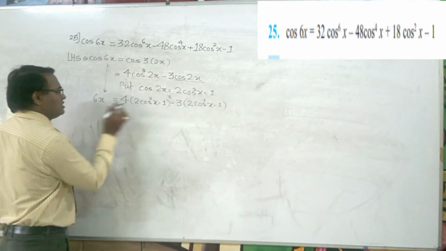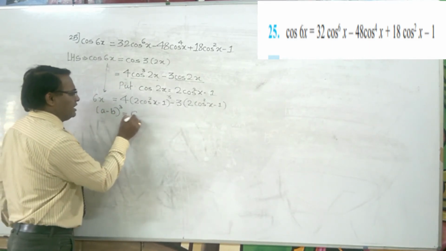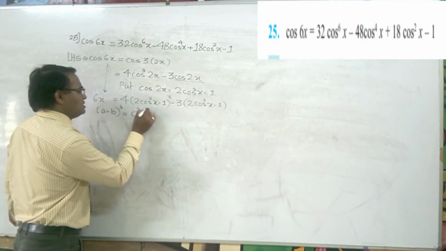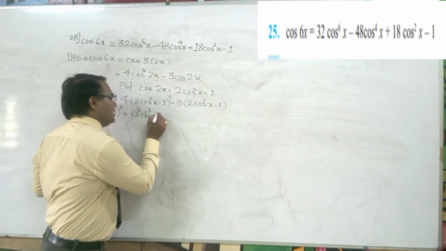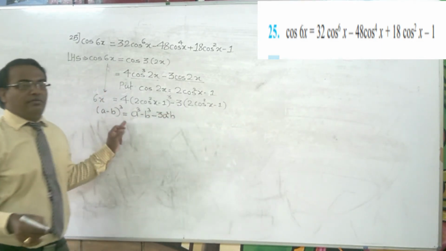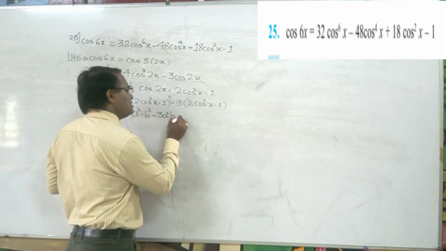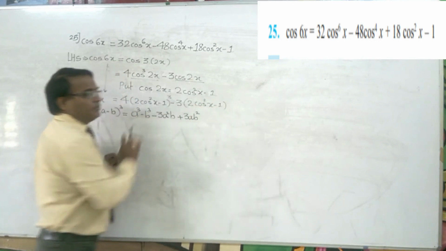Now after this we are going to use (a minus b) cube. What is that? It is a cube minus 3a square b plus 3a b square minus b cube, and here there is simple multiplication.